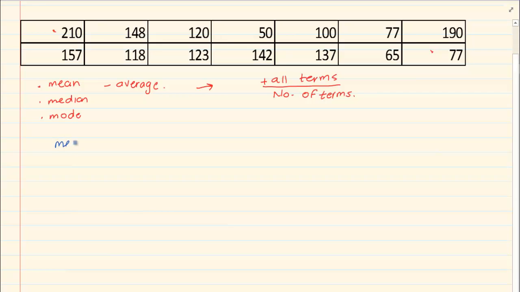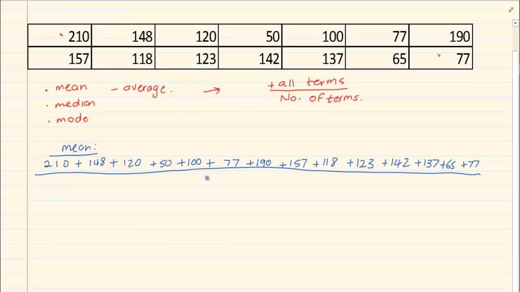So for the mean, we add all the terms and divide by 14, which means that our average is equal to 122,428, but when you round it off it will become 122,43. So our mean is equal to 122,43.